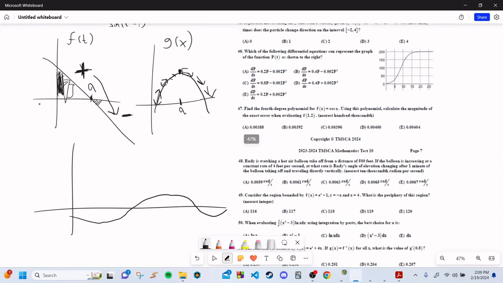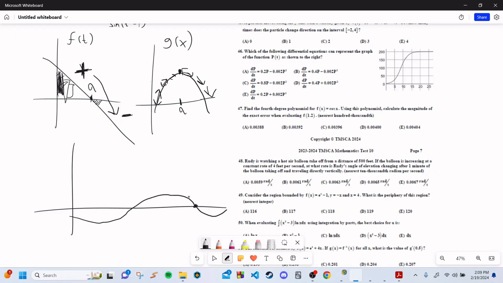So notice, again, we don't necessarily want just any zero, because if we chose this one as our answer, we'd be wrong. What we want is the zero where it goes from being positive to being negative. And so that would be this zero right here.